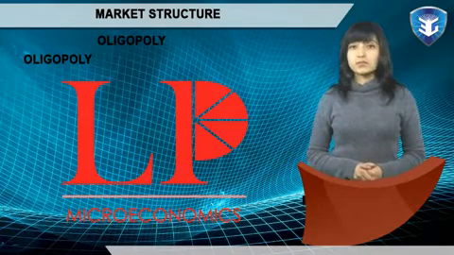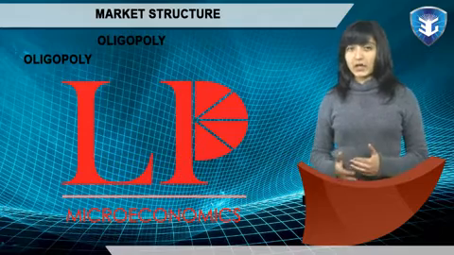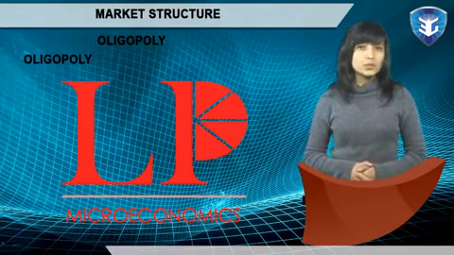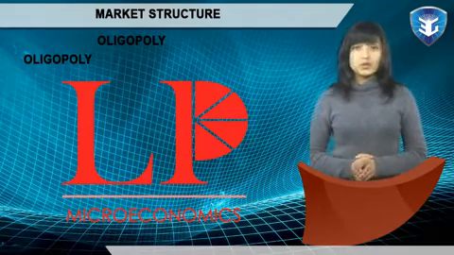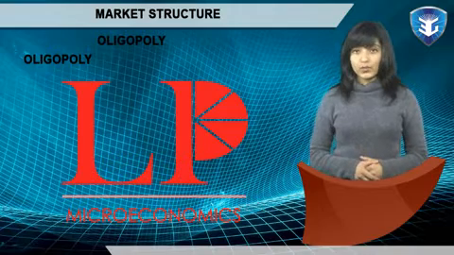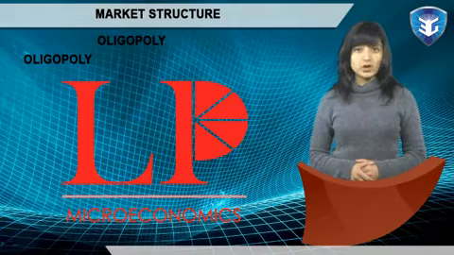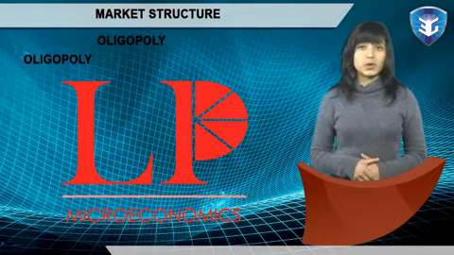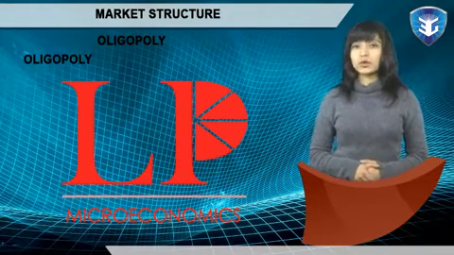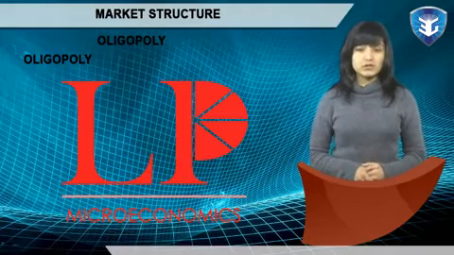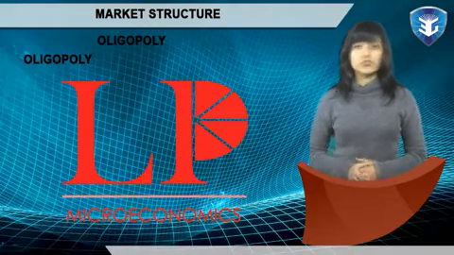Oligopoly dominates the modern economic landscape, accounting for about half of all output produced in the economy. Oligopolistic industries are as diverse as they are widespread, ranging from breakfast cereal to cars, from computers to aircraft, from television broadcasting to pharmaceuticals, from petroleum to detergent.